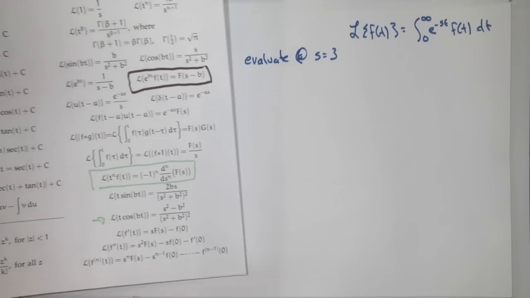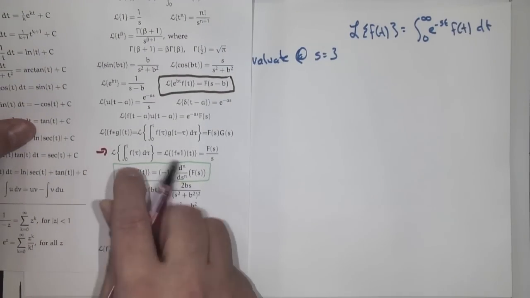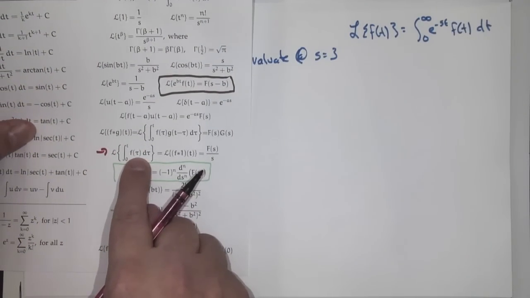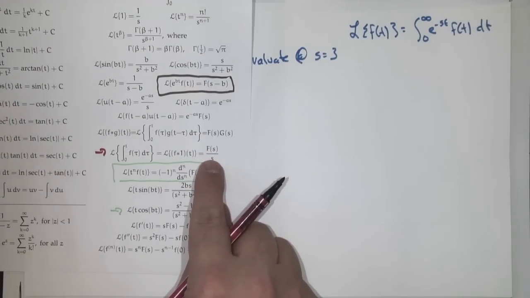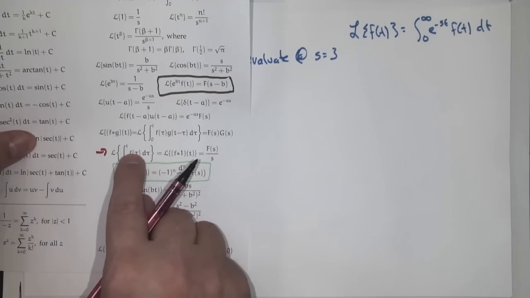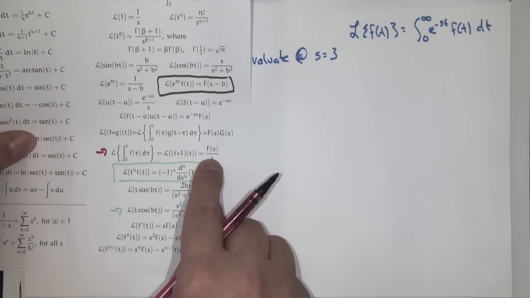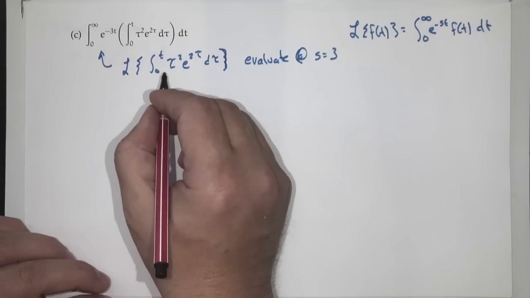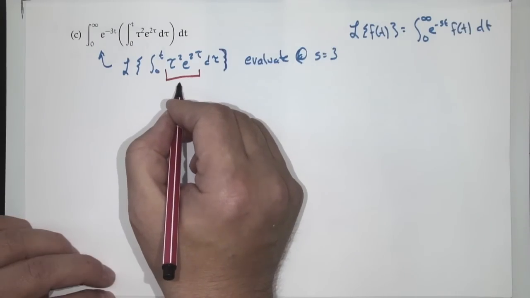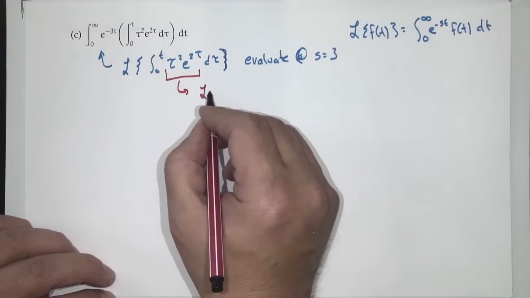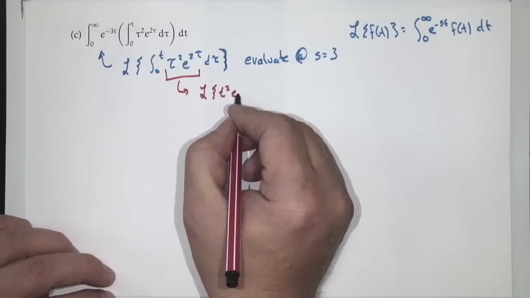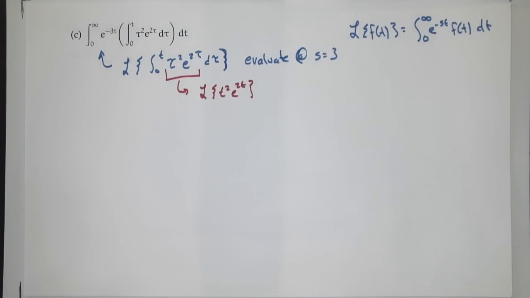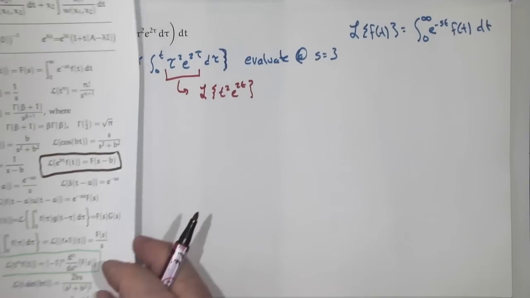So what's the rule? Well, in this case, our rule is the integral from 0 to t of f of tau d tau. And what that says is you divide what the f would be by s. It essentially adds another 1 over s. So first off, we start with our inside. What would be the Laplace transform of t squared e to the 2t? Well, for that, we come to our sheet.